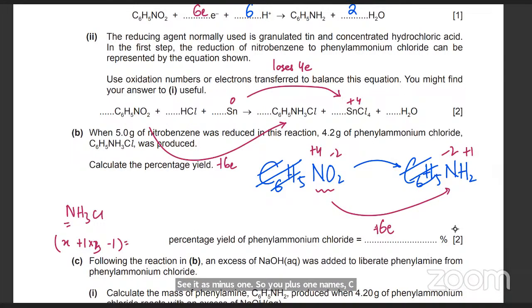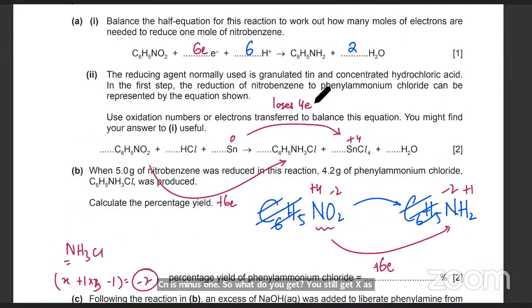You still get x as -2. So remember, C6H5 NH2 or NH3Cl, it's the same oxidation state for N. Is that clear? Yes, sir. और इधर भी ना I'm ignoring C6H5 क्योंकि वो सेम है ना, तो चेंज में तो उसका कोई फर्क नहीं पड़ेगा, ठीक है, even if you ignore it.